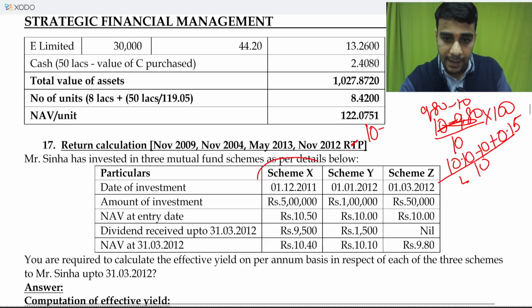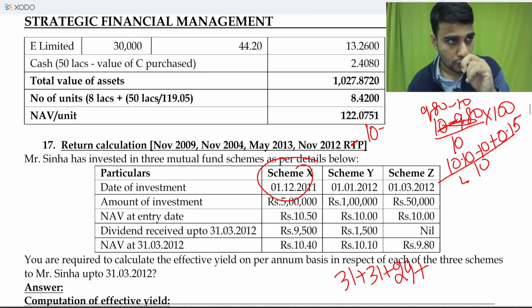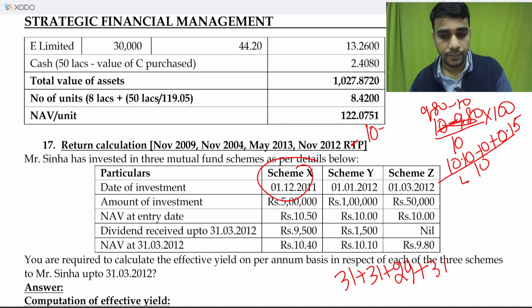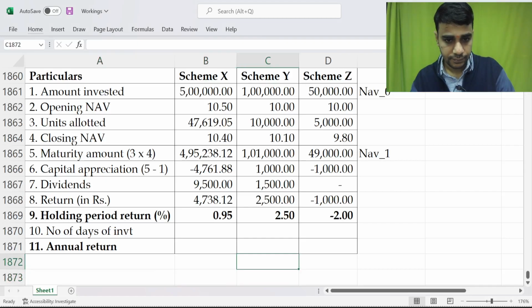For example, scheme X: 31 days of December, 31 days of January, 29 days of February, since 2012 is a leap year, and 31 days of March. Tell me the number of days. 122.